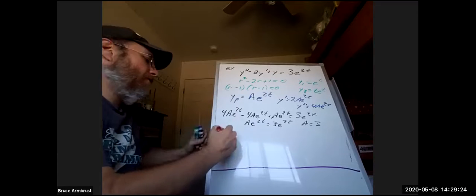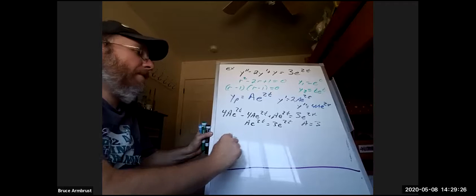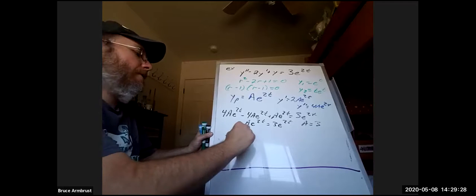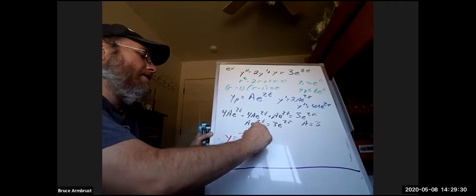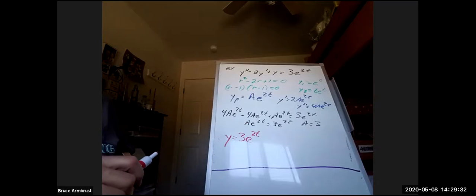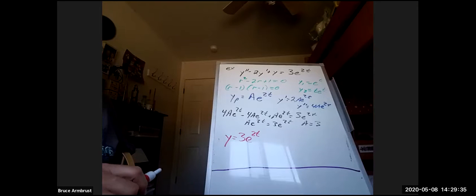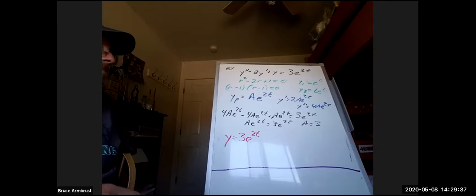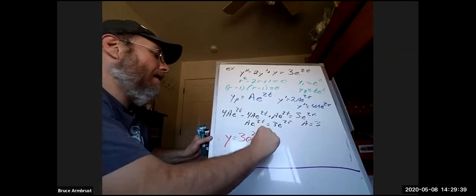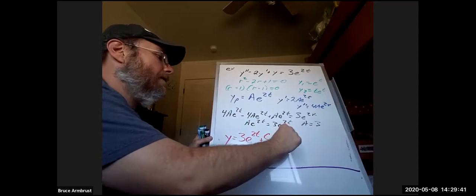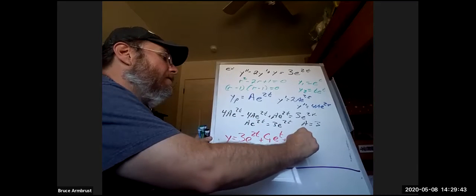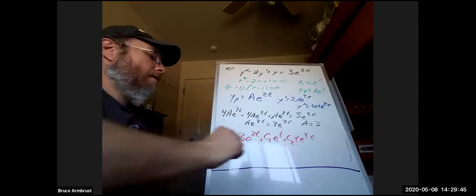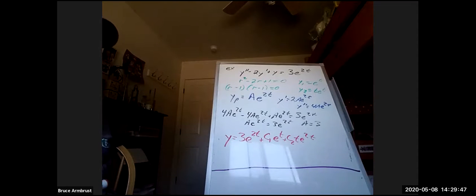All right, so here's our solution then. We need the particular solution, and we just saw that 3 e to the 2t is a solution of this differential equation. And then we add to that the linear combinations of our fundamental set, so c1 e to the t and c2 t e to the 2t.